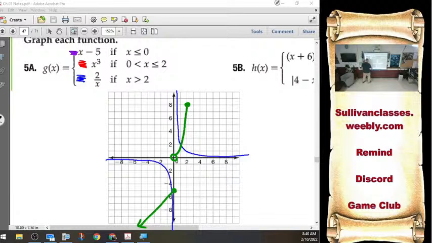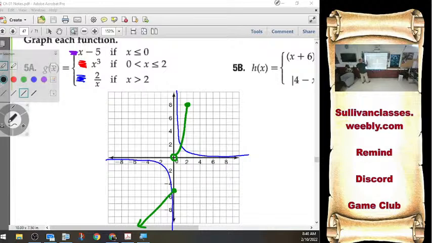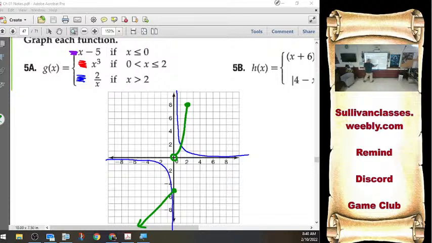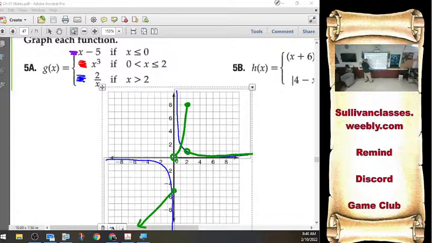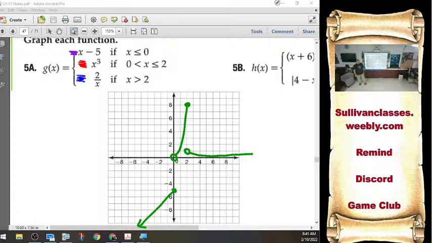And I only care about the reciprocal function after 2. So I go to x is 2, open circle, get rid of the rest of it. Okay?